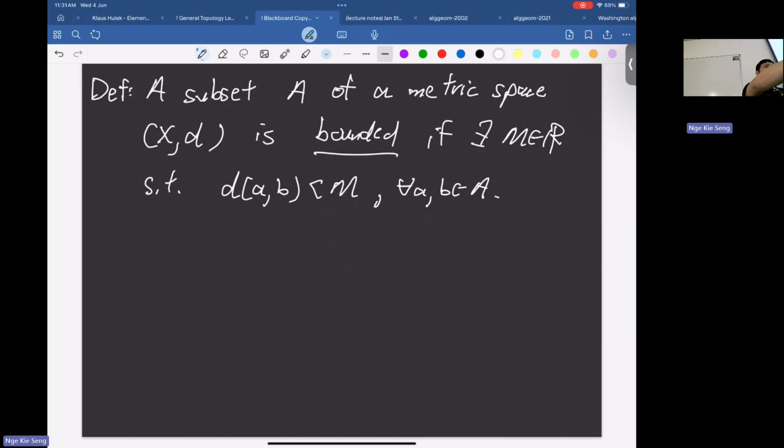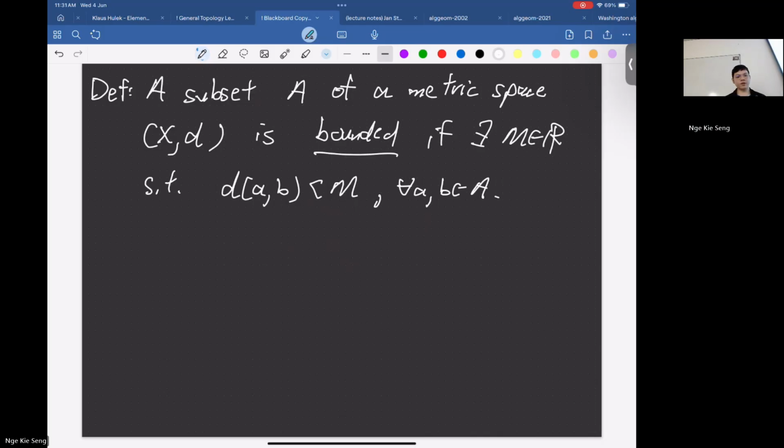At most you only need the distance from this point to that one. There exists some bound for all your distances. You cannot be too far away from each other. Because this definition needs to measure the distance, we need a metric. We need to have measurement here.